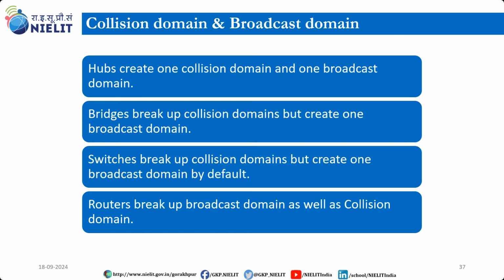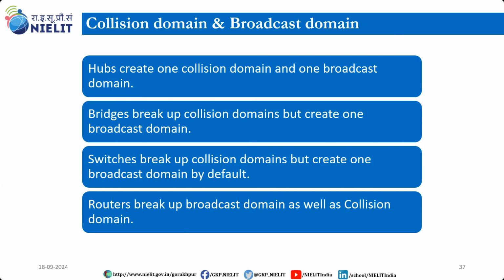A VLAN is normally created to segregate a large network into smaller ones, to secure a particular segment. We want to protect some particular network, we want to isolate some of the networks. With the help of the same physical switch, we can configure virtual local area networks.